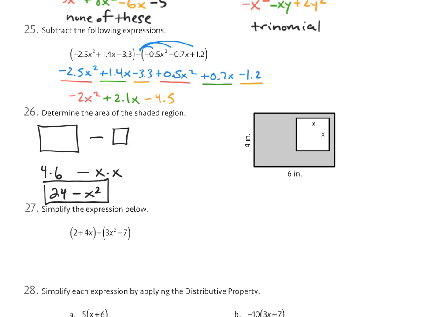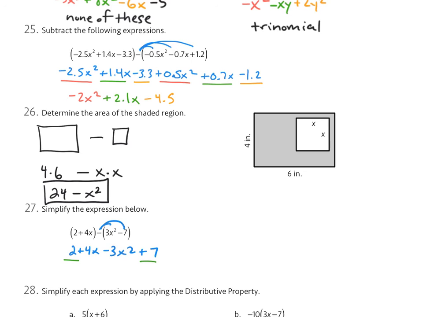27. The first expression, 2 plus 4x, doesn't need to be in parentheses. And the second expression is being subtracted, so let's distribute the minus to make it minus 3x squared, and then distribute the minus to the minus 7 to make it plus 7. The only terms that can be combined are the constant terms, the 2 and the 7, and they make 9.